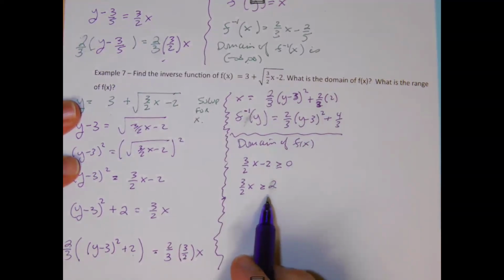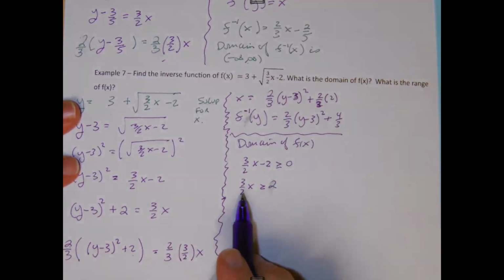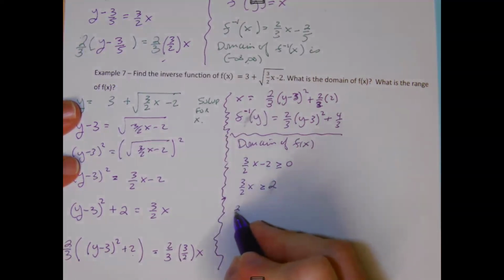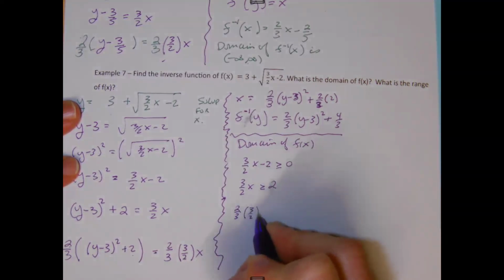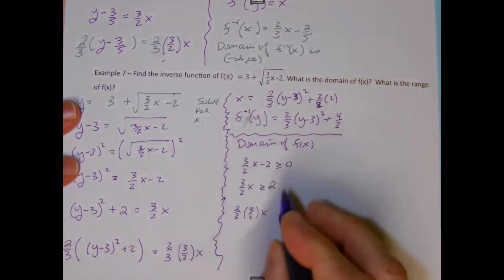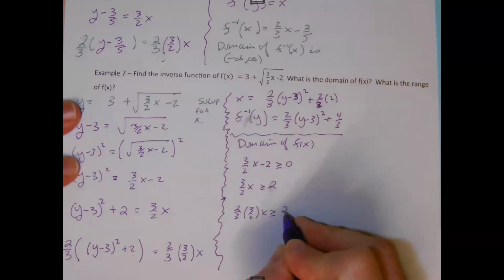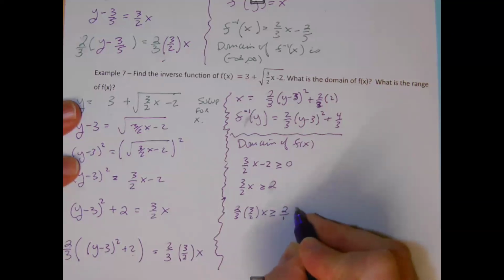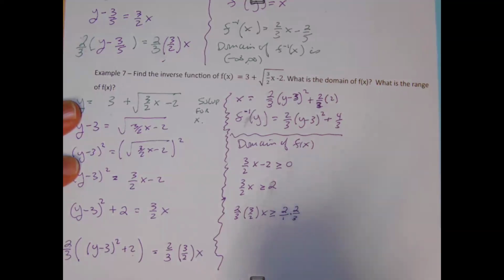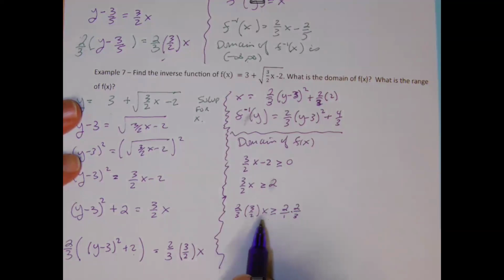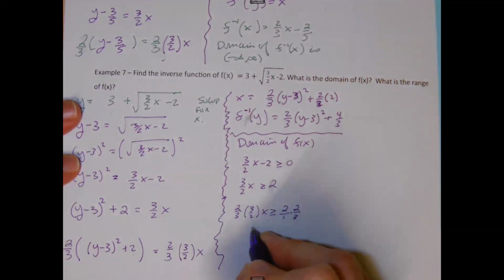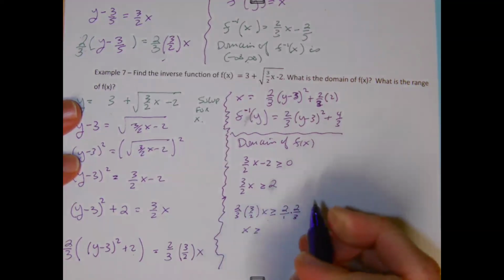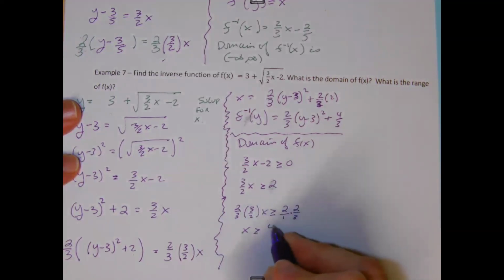Okay. And finally, I'm going to multiply both sides by the reciprocal. Again, it's a fraction. So every time I see a fraction, I'm not going to divide by 3/2. I'm going to multiply by the reciprocal, which is a positive number. So remember, if you multiply or divide by a positive number, the inequality doesn't change. If you multiply or divide by a negative number, you have to flip the inequality. So multiply here by the reciprocal, and I get, look, x must be greater than or equal to 2 to the 4/3.